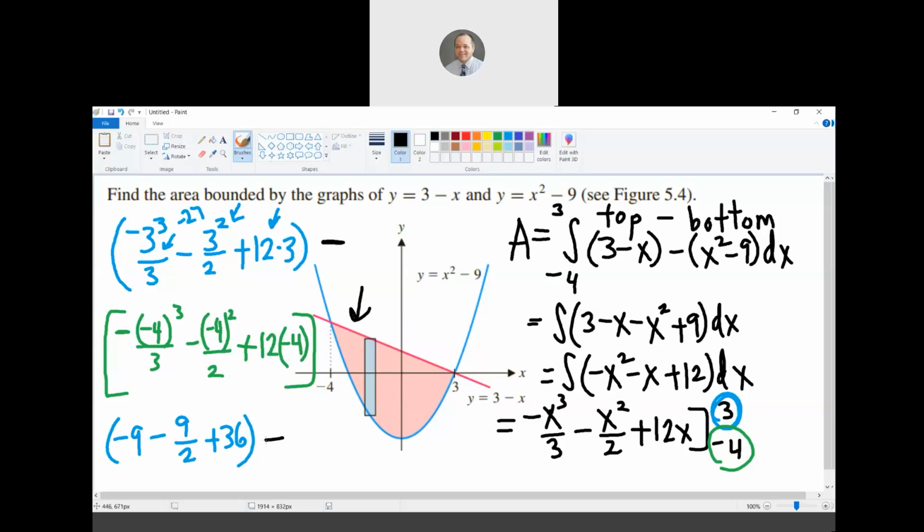Minus, right here, -4 cubed in green is -64. Times the negative that's already out there gives us a positive 64 over 3.